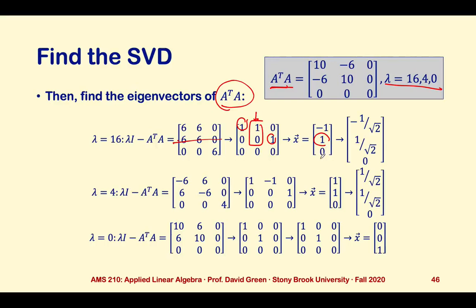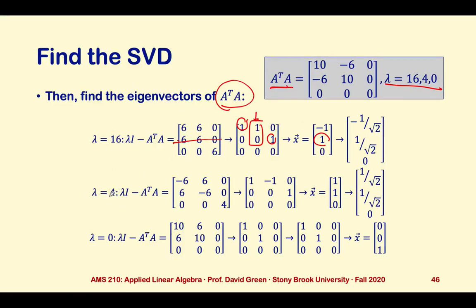In the singular value decomposition, we need to find orthonormal eigenvectors, and so we scale this by its length, the square root of 2, in order to get an orthonormal eigenvector. We then carry on.